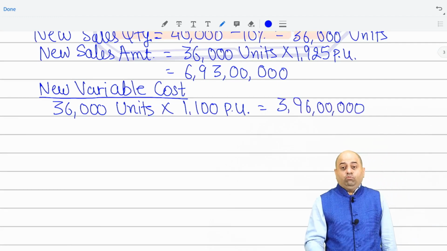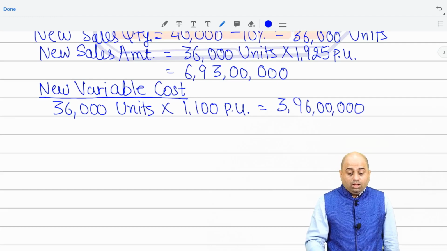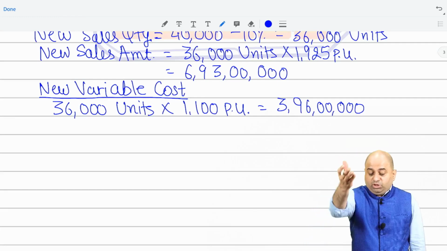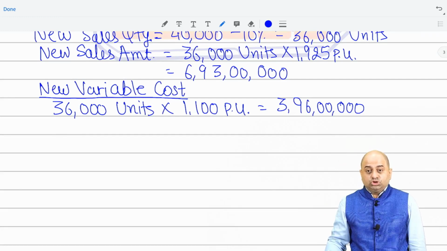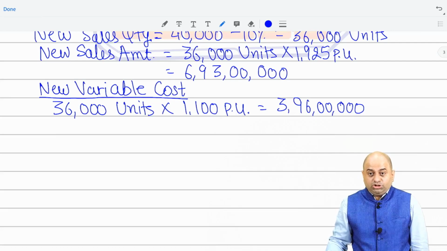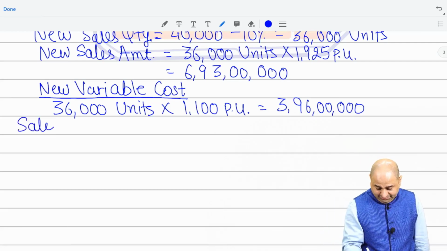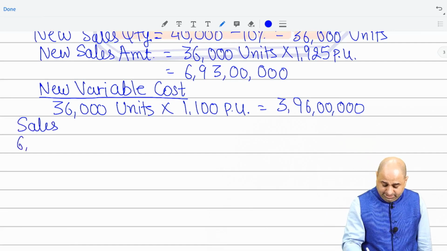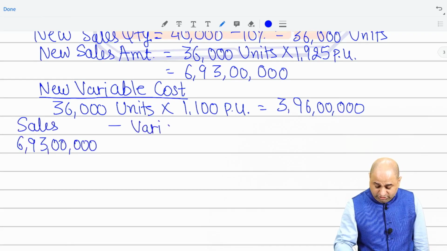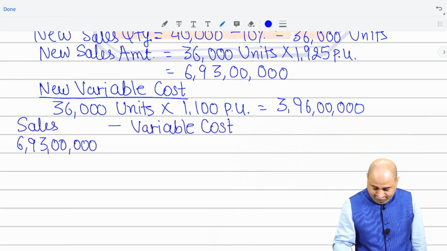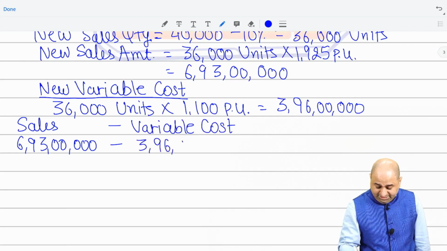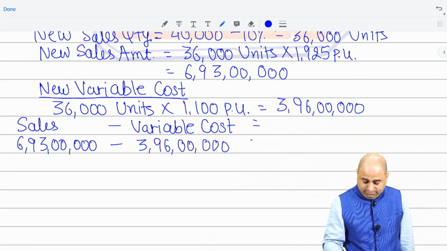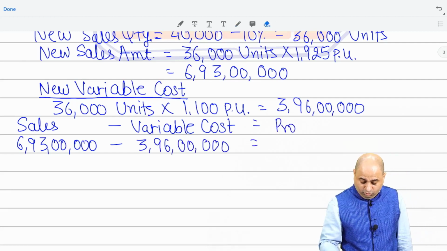And you want profit. There will be no change in fixed cost because they haven't given any. One of our vital presumptions was that fixed cost in total will not change. So sales is 6 crore 93 lakhs minus variable cost, that is 3 crore 96 lakhs, is equal to contribution.